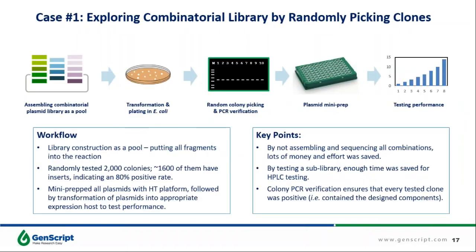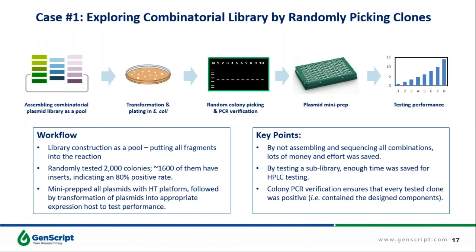If this is the case for you, a more practical solution is to test a subset of the library by randomly picking different combinations. The initial step is also to assemble the library as a pool. Then, before testing the library in the producing host, we can first screen and isolate positive plasmids in E. coli.